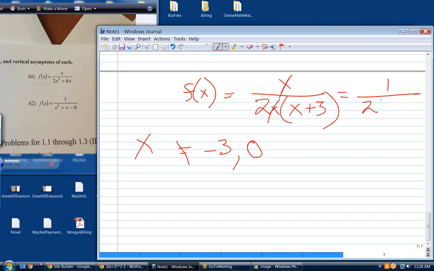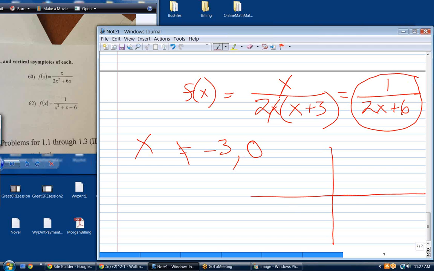In the denominator, I'm left with 2 times the quantity x plus 3, so we'll just make it 2x plus 6. So there's my function. So where are my vertical asymptotes? I know those are two trouble points still, but only one of them is a vertical asymptote. What's that? Is it 1/2?